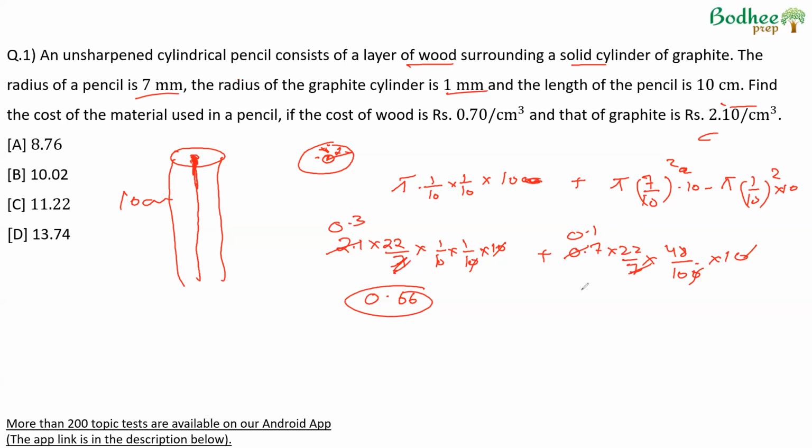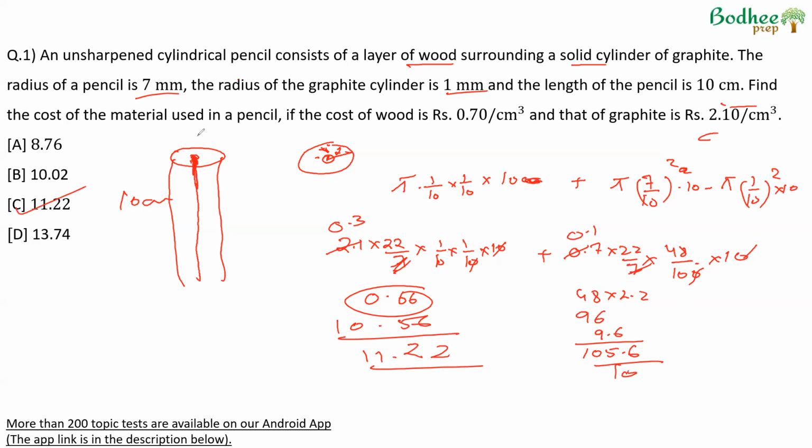It will become 48 into 2.2, which will be 105.6 upon 10. So this will be 10.56. And the total becomes 11.22 rupees. Option C becomes the answer.